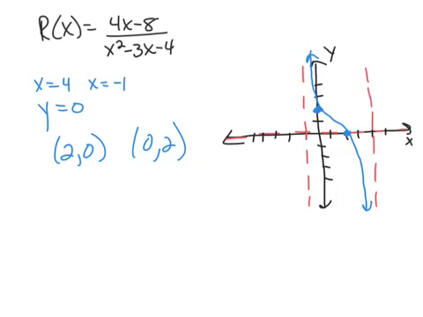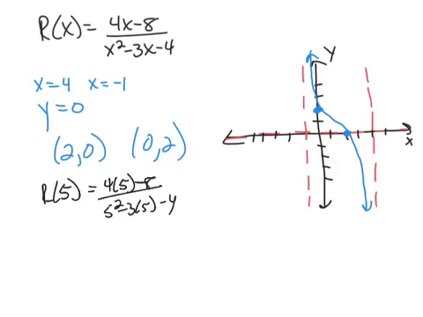So r of 5, if I substitute it in, I get 4 times 5 minus 8, and then you have 5 squared minus 3 times 5 minus 4. I don't really need a value. I just need to know whether it's going to be positive or not. But it ends up being 12 over 6. That's positive, which means my graph is going to be up here. And they're going to look like that.